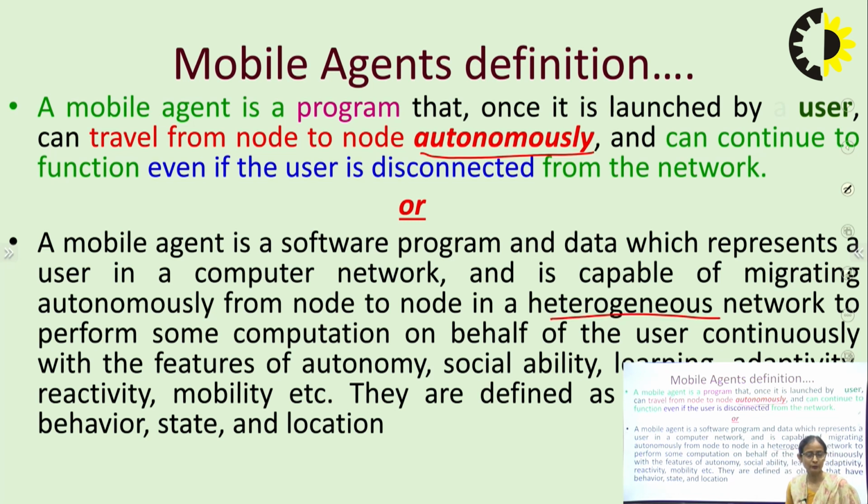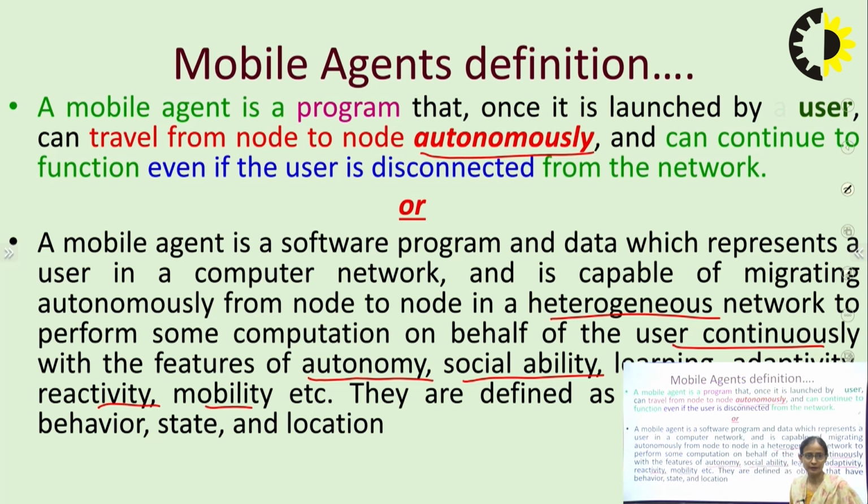That is, the network need not be the same, to perform some computation on behalf of the user continuously, with the features of, what are the features? It is autonomous in nature, it has social ability, it has learning ability, it is adaptive to the network or the environment it is moving to, then reactivity, mobility, etc.